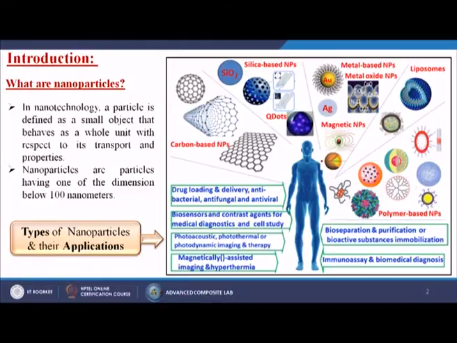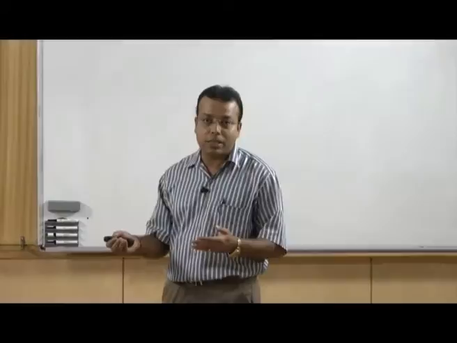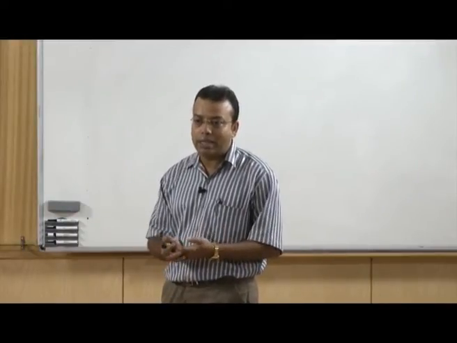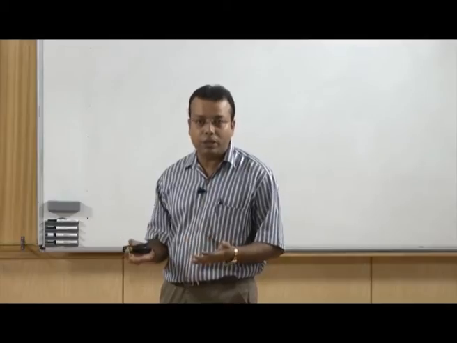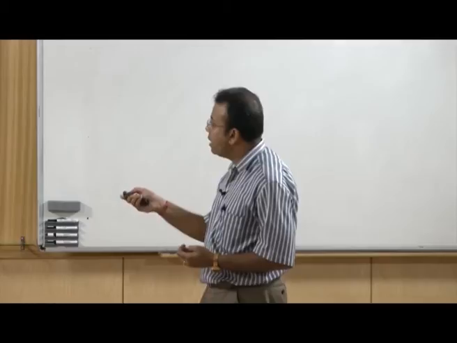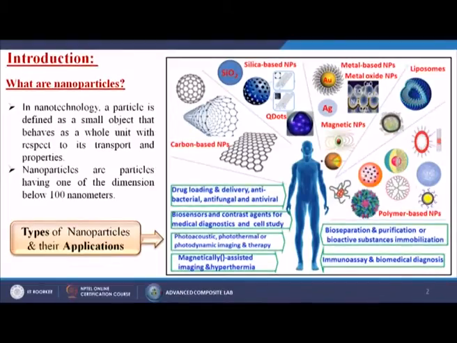Then we have the 2D sheet known as graphene, or graphene oxide or reduced graphene oxide. Then we have silicon based nanoparticles like SiO2, then quantum dots. Then we have silver doped nanoparticles. Generally we use these materials for antibacterial applications and some solar cell applications.